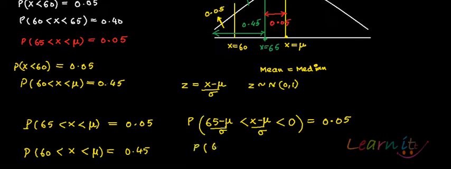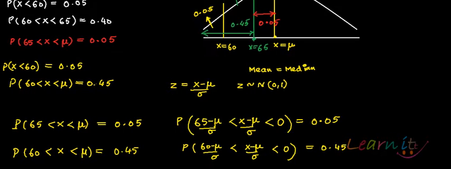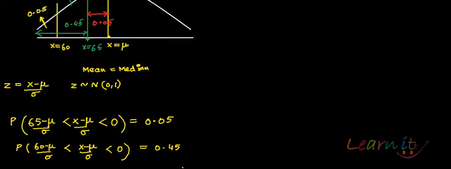When x is equal to 60, z is 60 minus mu upon standard deviation. When x is equal to mu, the standard normal variate is 0. This is equal to 0.45. What do these two imply? That you will have to figure out these probabilities.